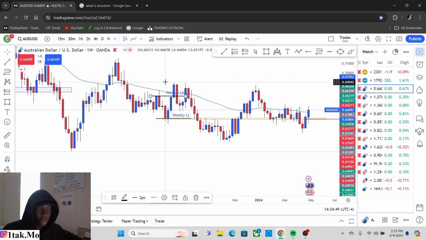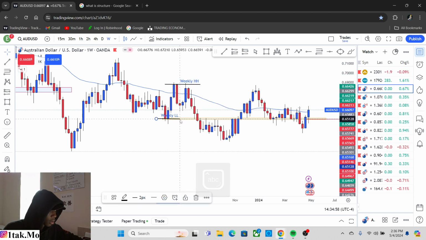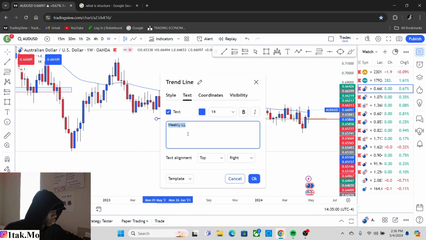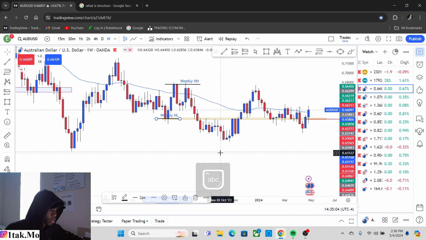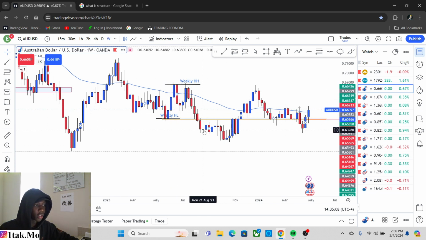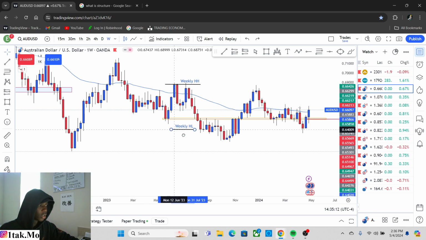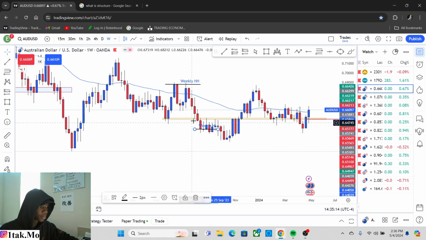Then price broke above it, making this now bullish. So this is the higher high. Higher low. Cool. Now price in this area hasn't broken either one until here. So now this will be the new lower high.